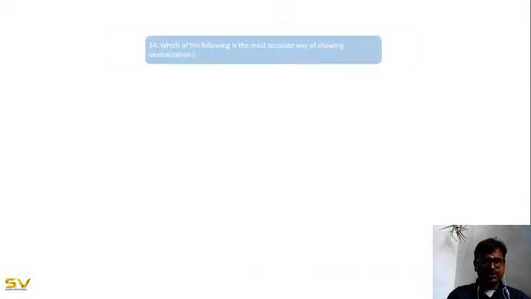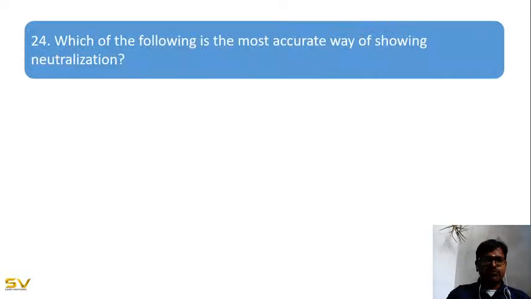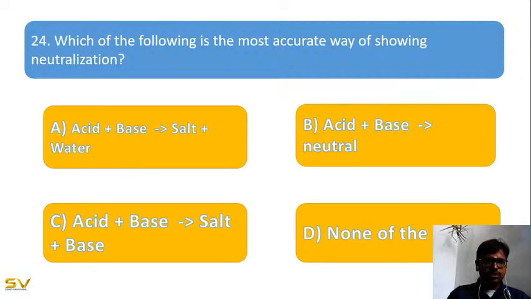Yes. Now coming to the next question. Which of the following is the most accurate way of showing neutralization? So in which way can you represent neutralization correctly? Neutralization means when acid and base react, we get salt and water.